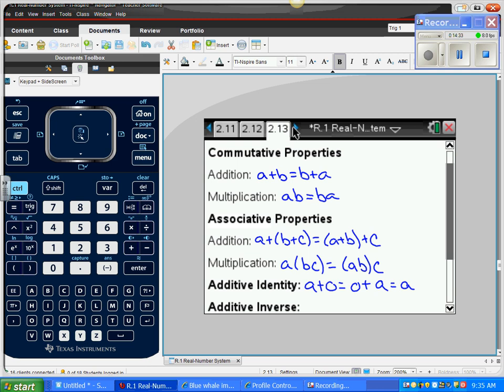My additive inverse is what I add to any number that will give me my identity. So if I have a, what would I have to add to a to get my identity of 0? Well, if I have a, I need negative a. Okay, which is the same thing as negative a plus a. And if I have 2, and I add -2, what am I left with? 0.